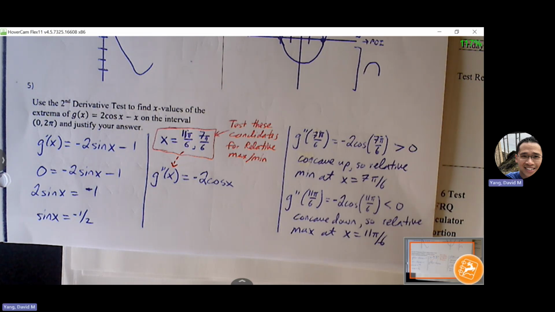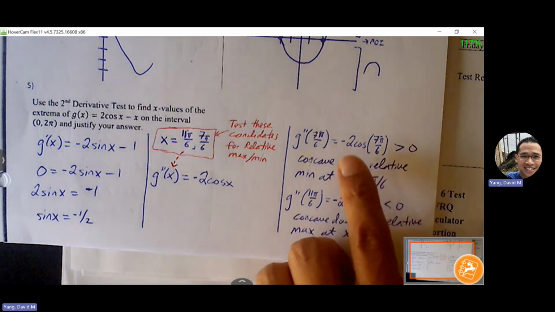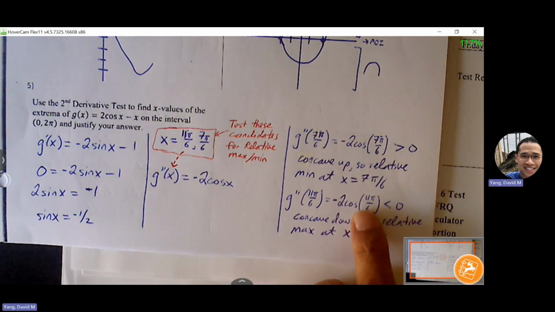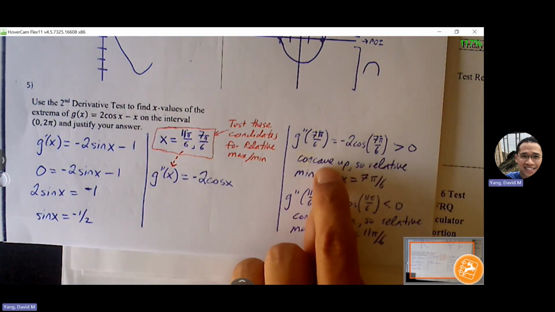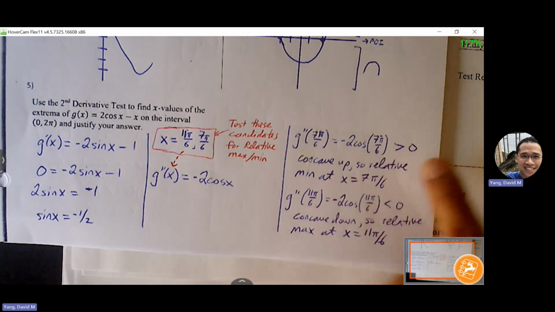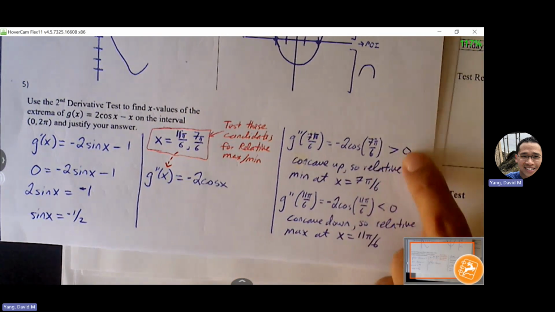You can say concave up because g double prime is positive. Do you have to justify concave up before assuming it's true? No, I just wanted to convince you that it's a relative min, but you could jump from here to relative min if you want.